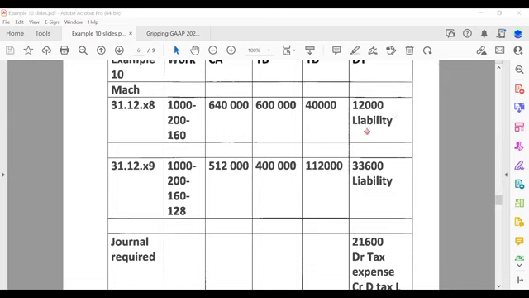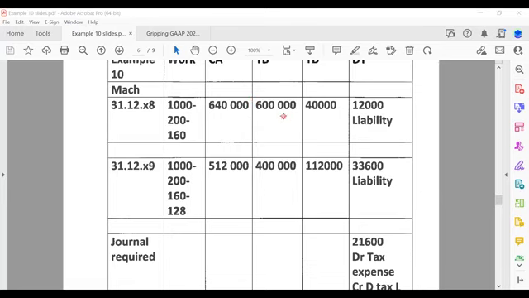Now the X9 year has passed, so our carrying amount and our tax base will change. In our carrying amount, you'll see here is an additional year of depreciation of 128. So from 640,000, we subtracted 128. That gave us a carrying amount of 512. And in our tax base column, we did have at the beginning of the year 600,000.